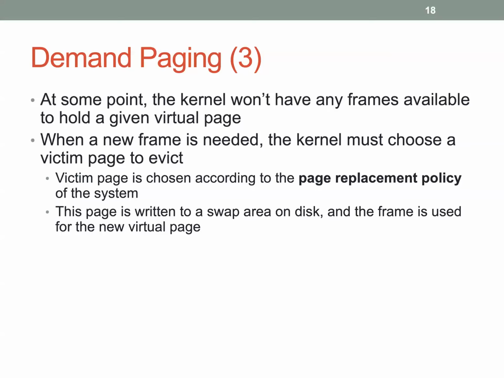How do I have my backing store structured? I don't know, it's part of the mechanism. How do I manipulate the page table? That's mechanism. Policy is how do I make the decision of which victim page to evict so that I can free up a frame to use for some new page.